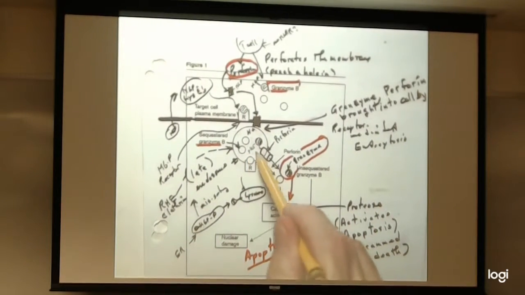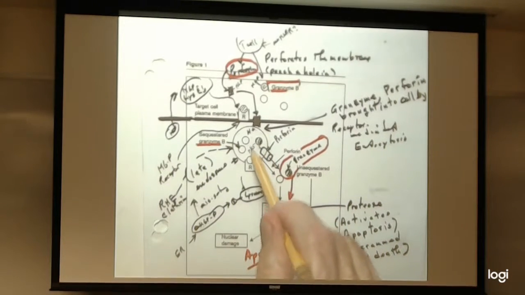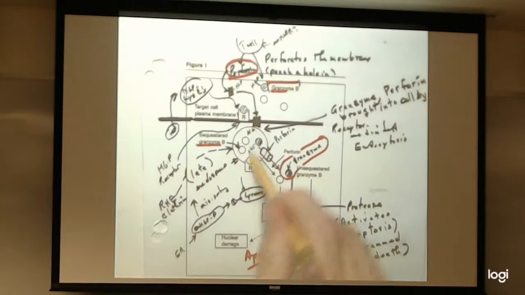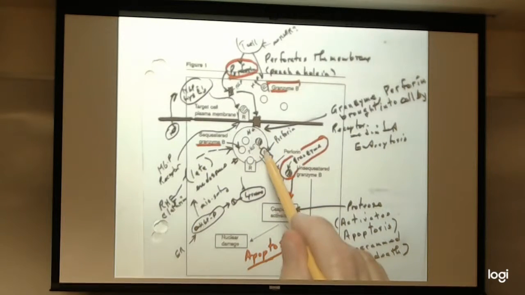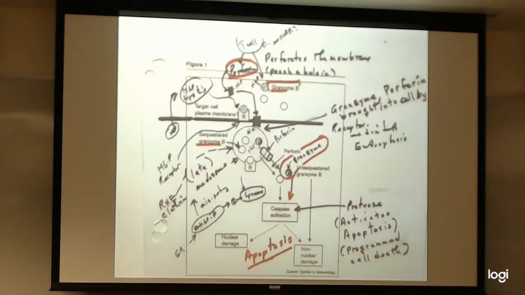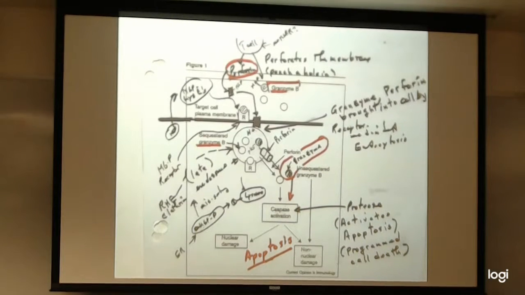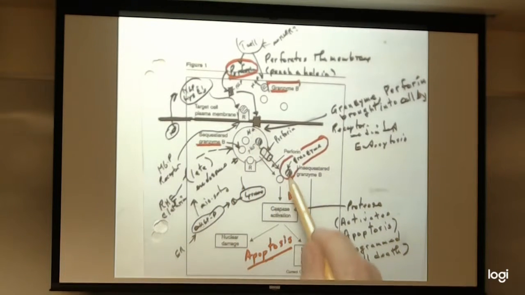This endosome will slowly acidify. When it gets a little bit more acid than it was, that triggers the assembly of the perforin subunits to form this pretty large pore in the membrane of the endosomes. And now the granzymes here, this is pH 5, I guess, over here. The granzymes will pass through the perforin, and now the granzymes are in the cytoplasm, in the cytosol of the cell.